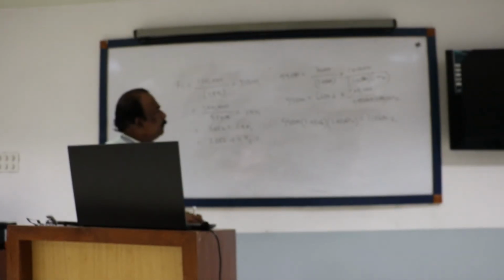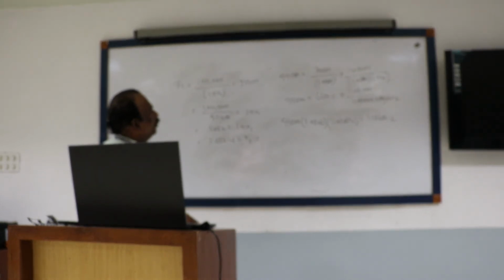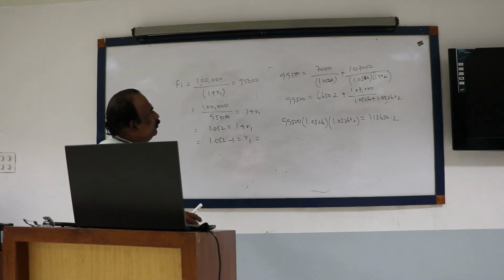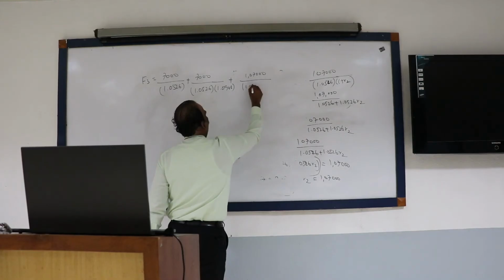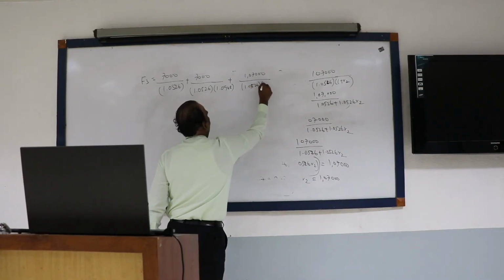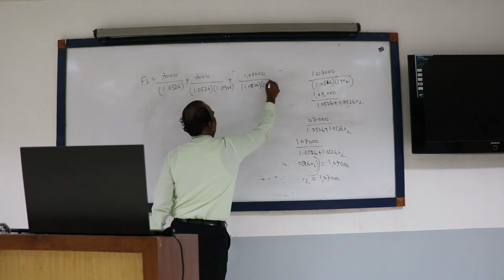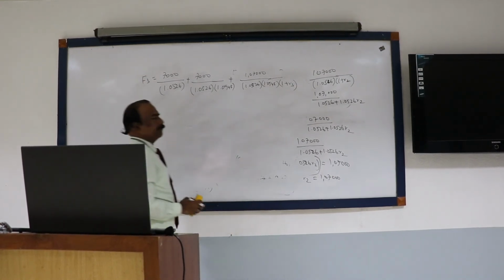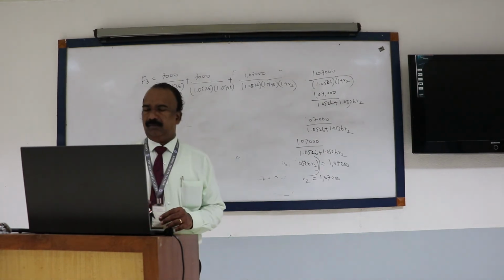Yes, you can add the 1,07,000. But you are cross multiplying. It is 1.0526 into 1.0948 into 1 plus R3, and 1 plus R2.